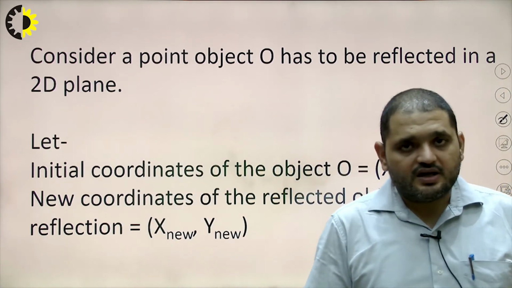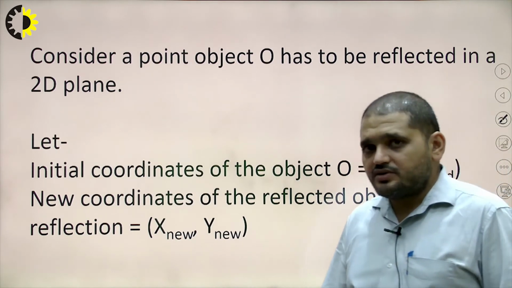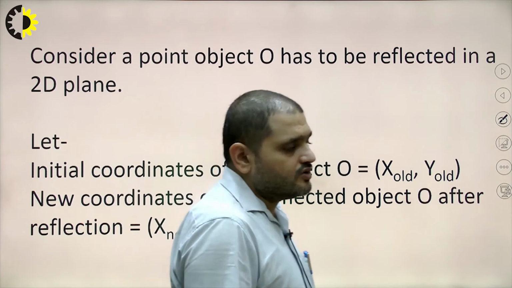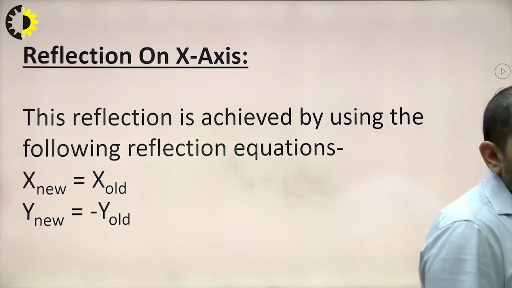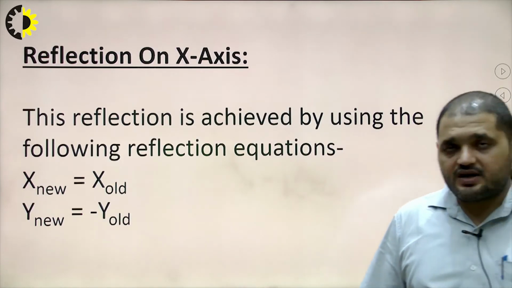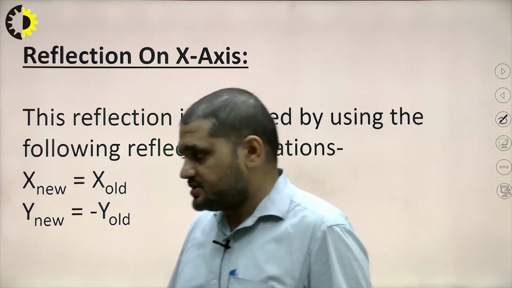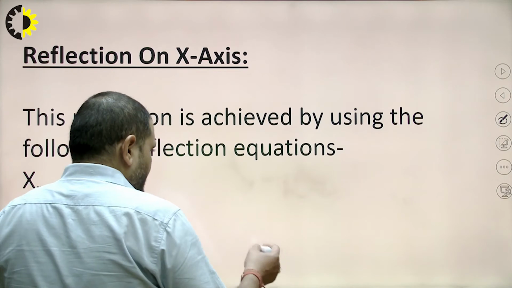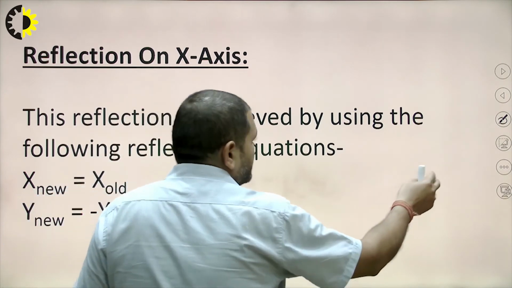So if I have old points, x old and y old, and want to find the points after reflection, x new and y new, it can be done as follows if I am reflecting on the x-axis.